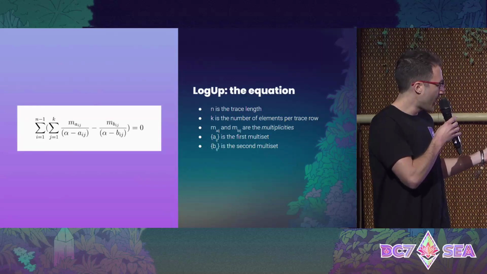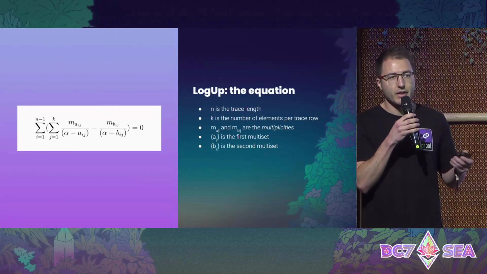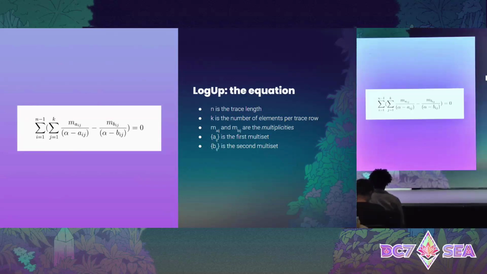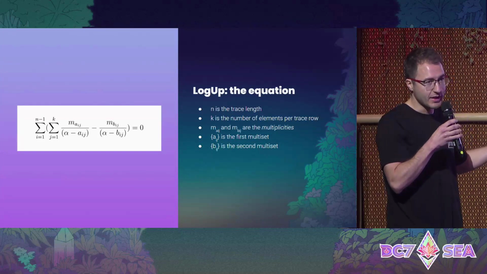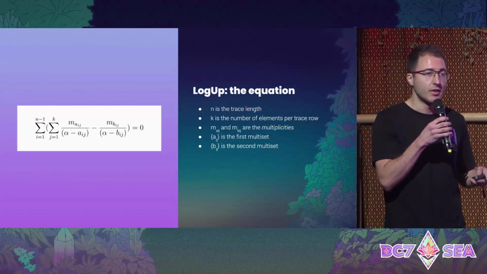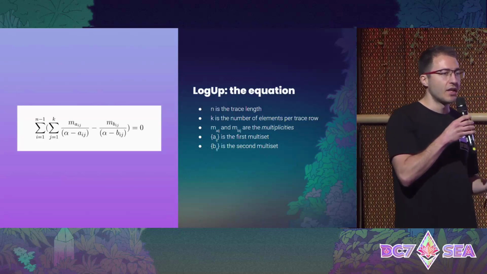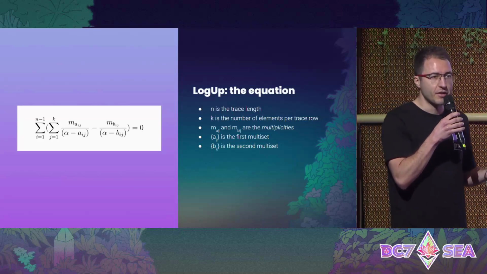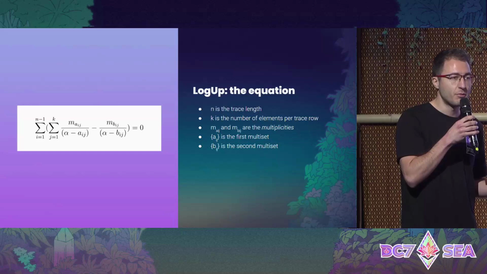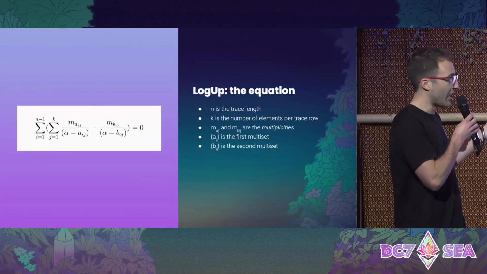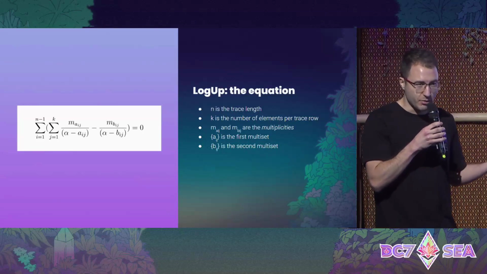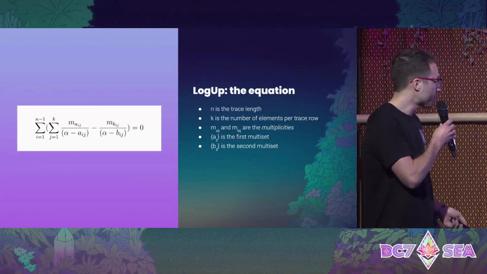The Aij and Bij are the elements in your multisets A and B respectively, and M_A and M_B are the corresponding multiplicities of those elements. For example, if you want an element to appear 5 times in your multiset, but it's only once in your trace, you could set that M to be 5, and it's going to have the exact same effect.